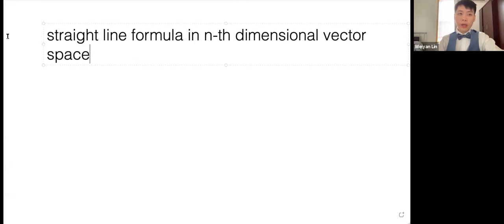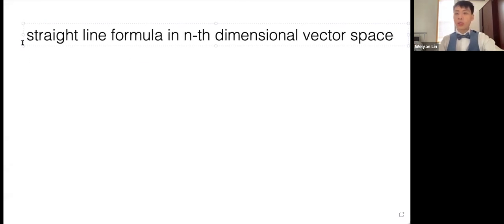This would be analogous to the idea in the XY plane. Recall that in the XY plane, if we want the straight line formula, you have different ways to obtain it.